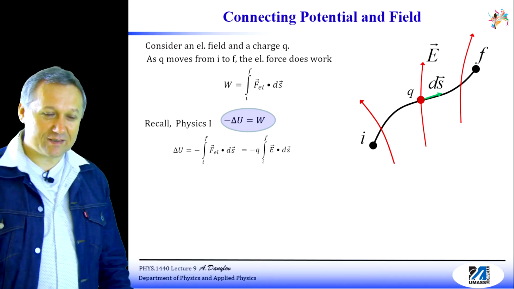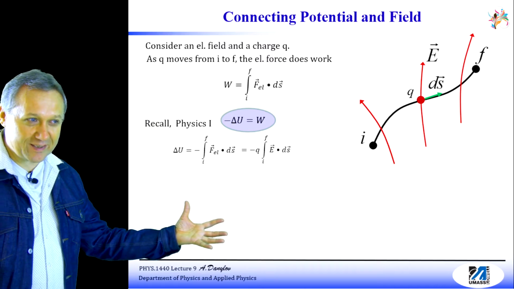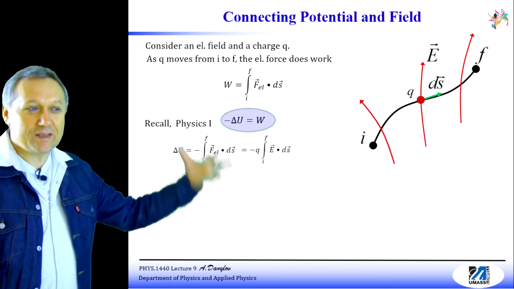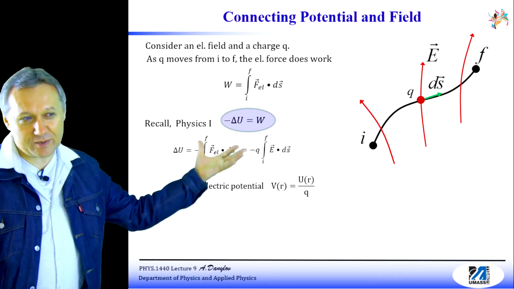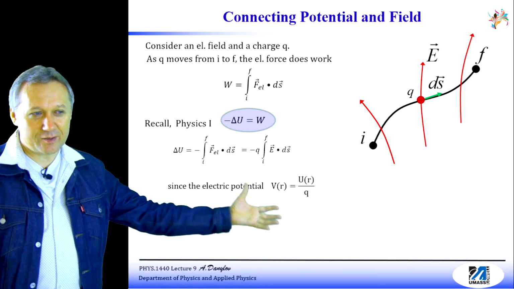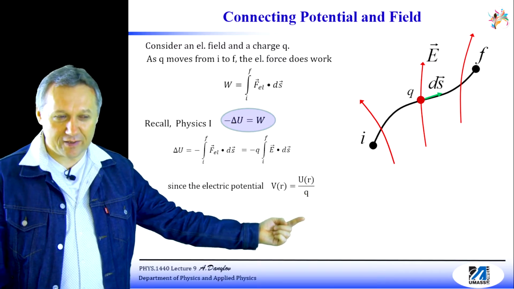Now, the last step in this derivation. You remember the definition of the electric potential, how we introduced it. It's the electric potential energy divided by the probe charge. In this case, basically, it's a probe charge. So that's how we introduce the electric potential, as U divided by q.